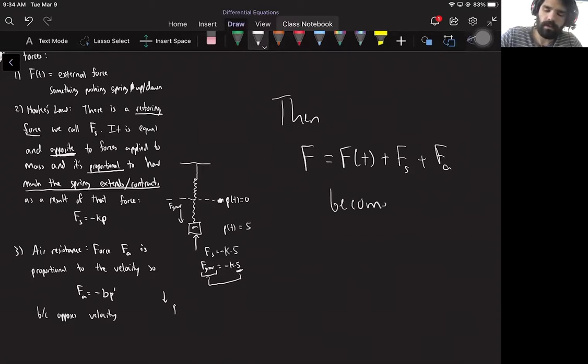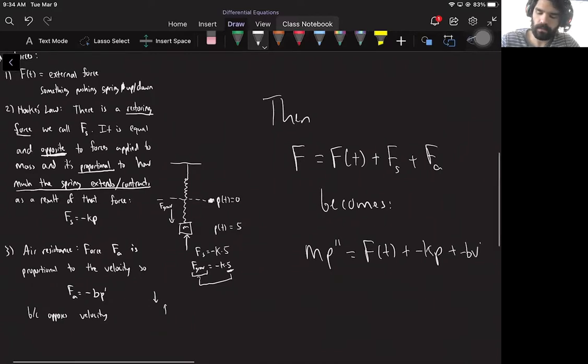So now plugging everything in, f of t is just going to be some function. When we need it in a specific problem, we'll have it. So right now it's just f of t. But the other ones we now have from what I just did.